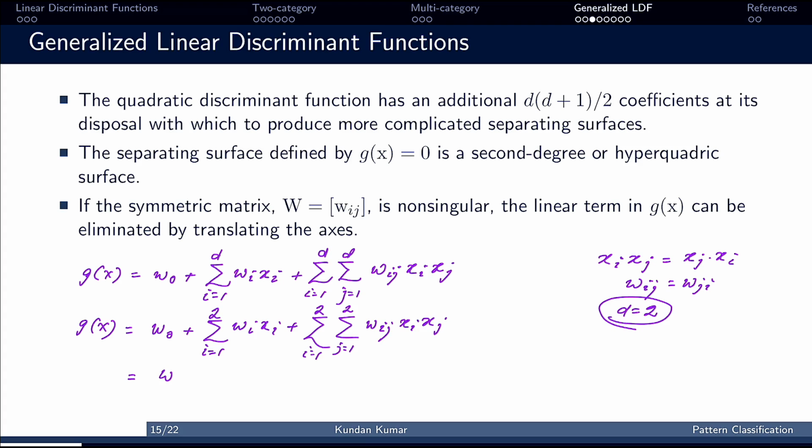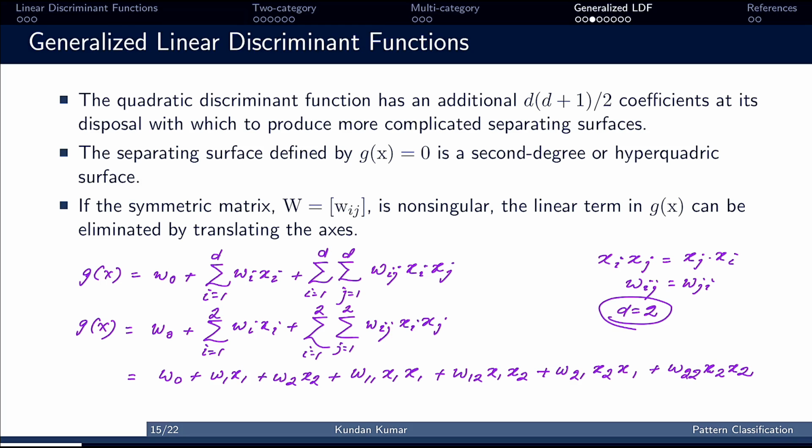Then we will have W0 plus W1 x1 plus W2 x2, and then the higher terms W11 x1 into x1 plus W12 x1 x2 plus W21 x2 x1 plus W22 x2 x2.